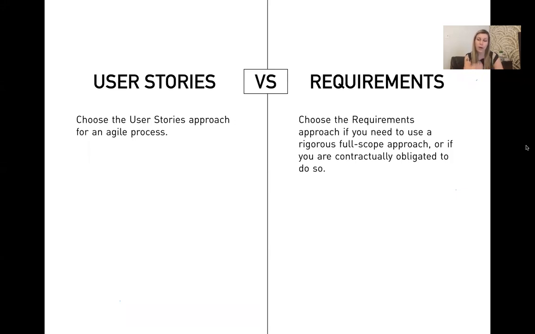Or you might be contractually obligated to do so. Basically, I just recommend doing the requirements route if you have to, based on the business you are working for. Otherwise, if it's up to you, or if you are making recommendations for your team, I would go with user stories because it's agile, it's the industry standard, and it's what most designers expect to be working with when they join a team.